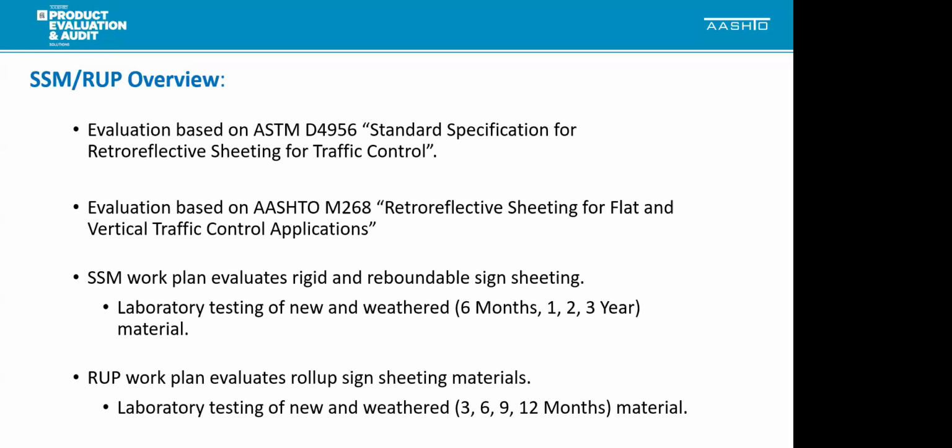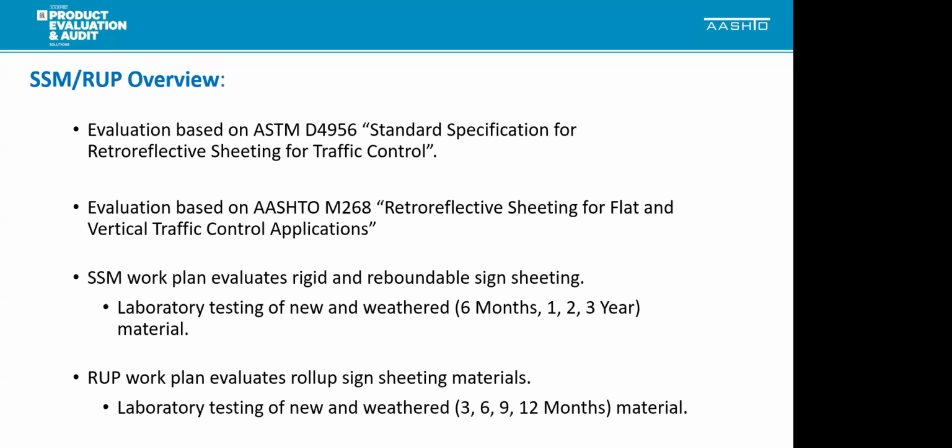So M268 was developed years ago, and it's still being developed now. ASTM is also working to come up with more of a performance type of spec, and they're working to better define performance, and that's being handled in the ASTM D4956 group right now.